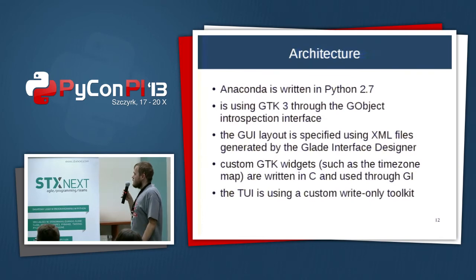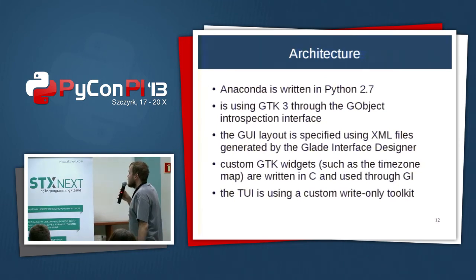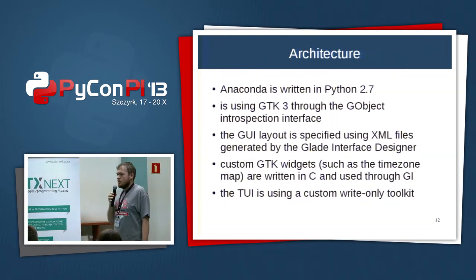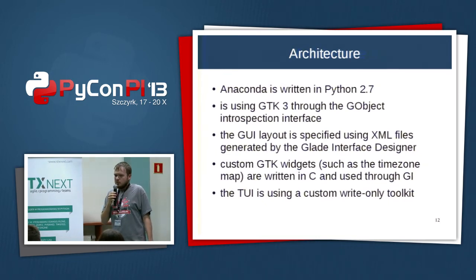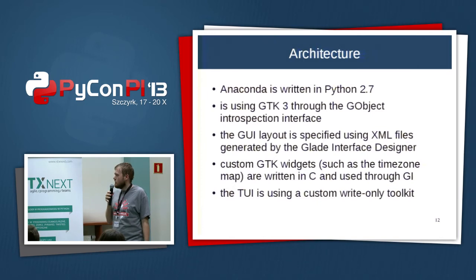Like this, we are accessing GTK, which is using the G-object object system. The layout of the graphical user interface is specified by XML files, which are generated by the Glade interface designer. It's quite ugly XML, and it's really nice if you get a patch for it, so you just see a lot of, yeah, this number changed there, and this attribute now has an underscore.